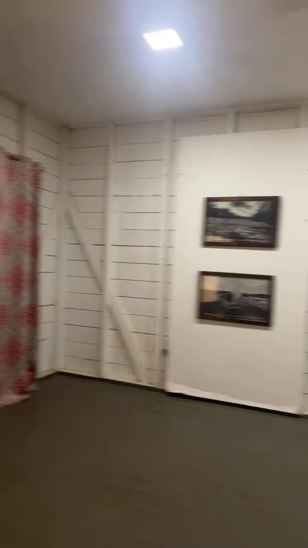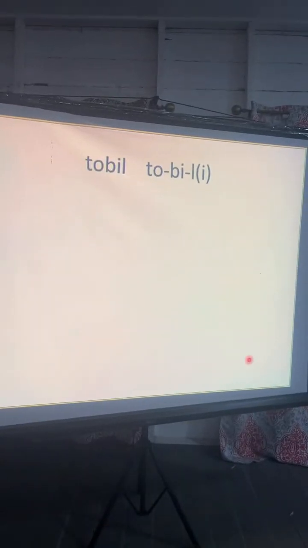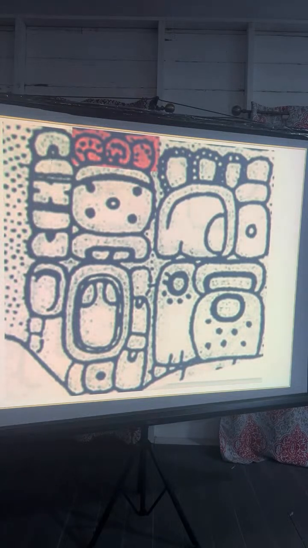All right. Well, let us see what I came up with. So check this out. Tobil, and what I did is straight from the drawing of the glyphs. So To is right up here.